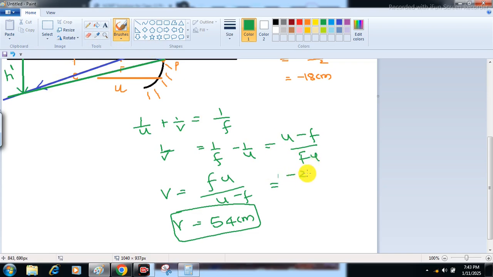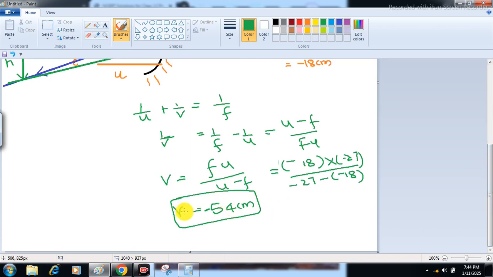That is, v equal to minus 18 into minus 27 by minus 27 minus of minus 18. This is equal to minus 54 centimeters. So v equal to minus 54 centimeters.